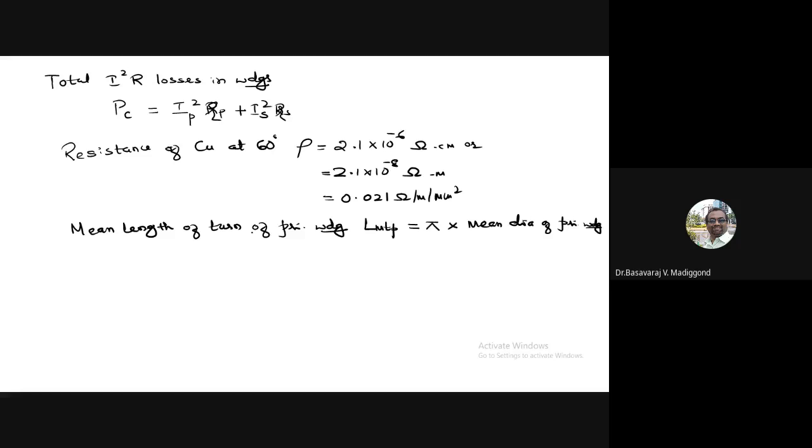Similarly, you can find out what is the mean length of the secondary winding. So the mean length of the primary winding LMTP is pi multiplied by the mean diameter of the primary winding. Now, number of primary turns per phase, you know that.